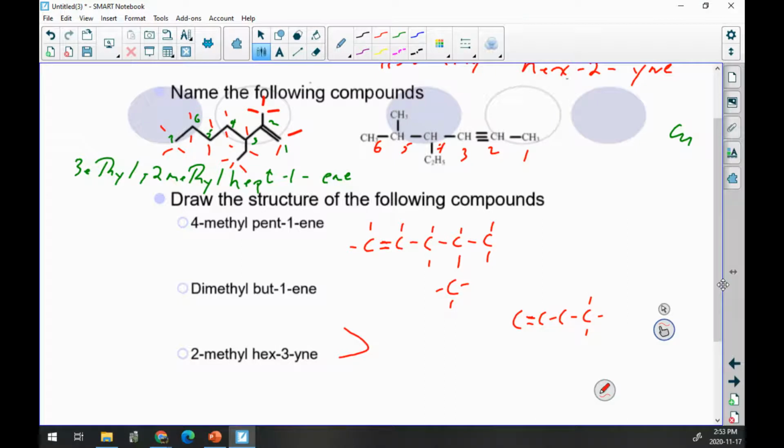Now there's a mistake with my name. Okay, I just have dimethyl but-1-ene. Problem is, there's two things that I can do here. So I made a mistake with this. So I'm going to put in here 2,3-dimethyl but-1-ene.